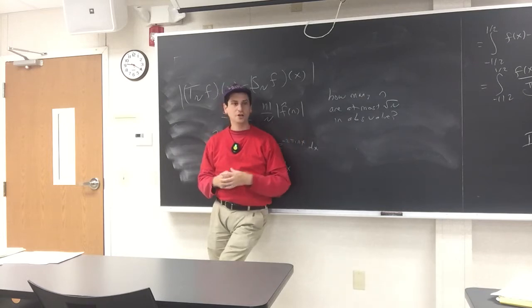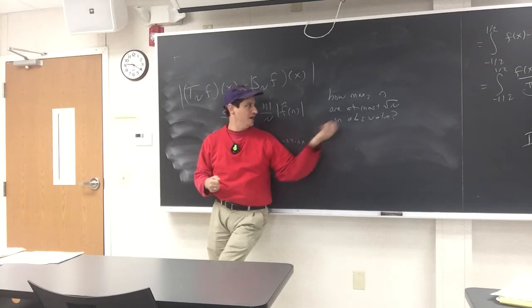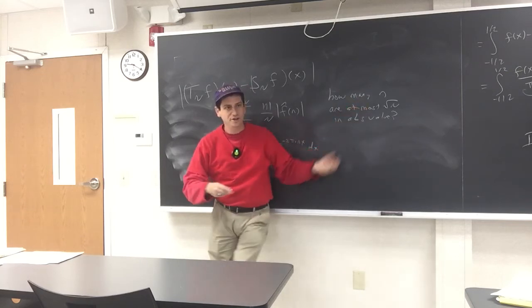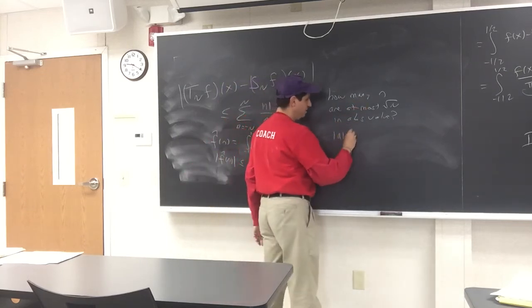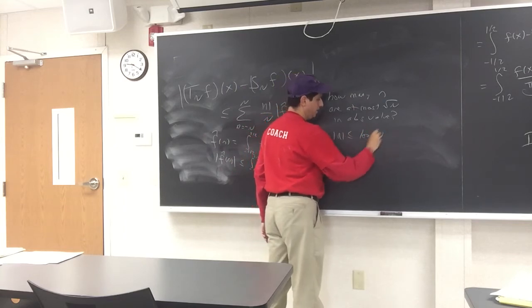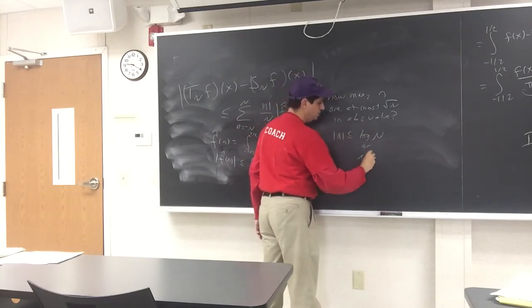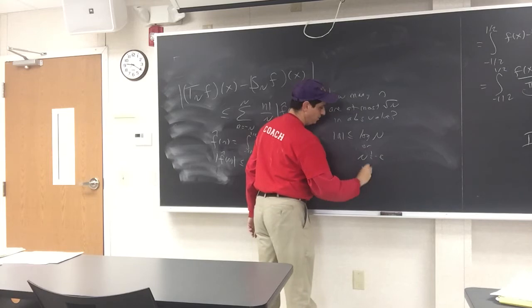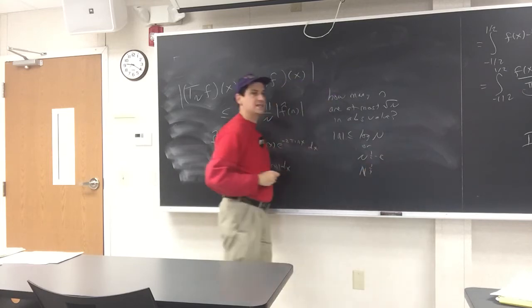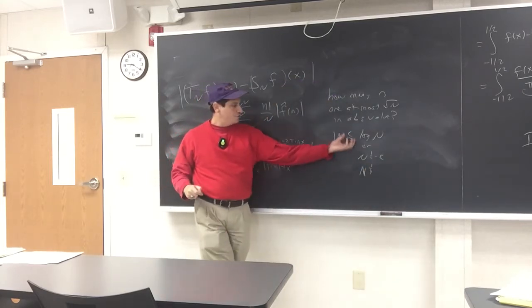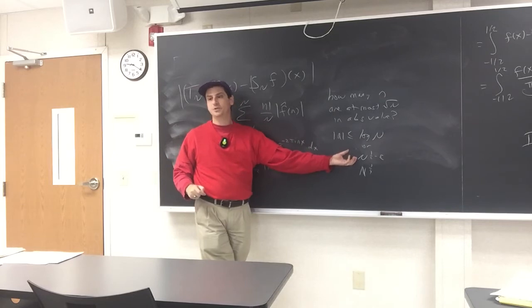You could go up to log N. That would work. You could go up to N to the 1/2 minus epsilon: absolute value of n less than or equal to log N, or N to the 1/2 minus epsilon, or N to the 1/4, anything like that. Then the contribution up to those pieces is going to be small.